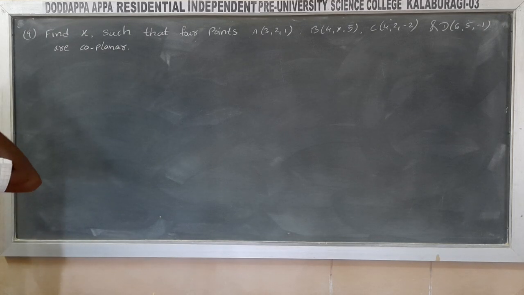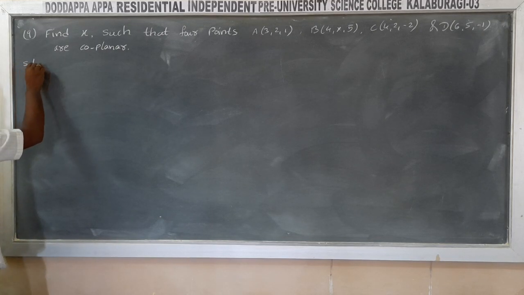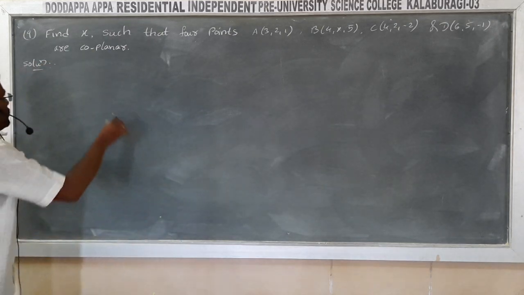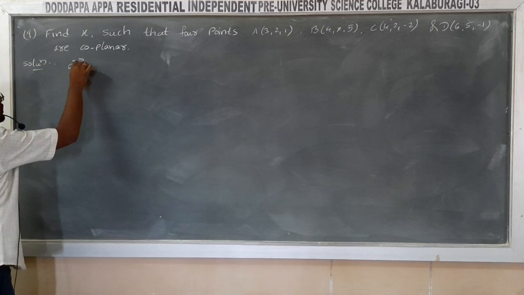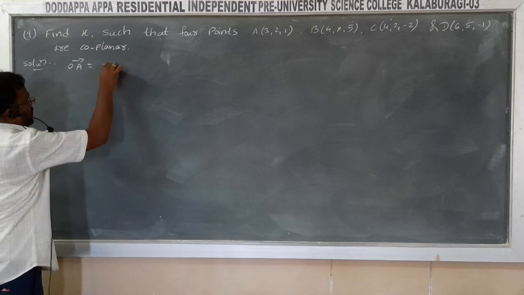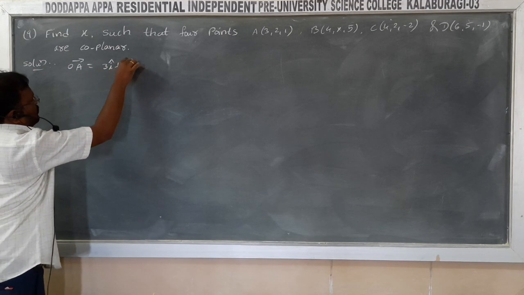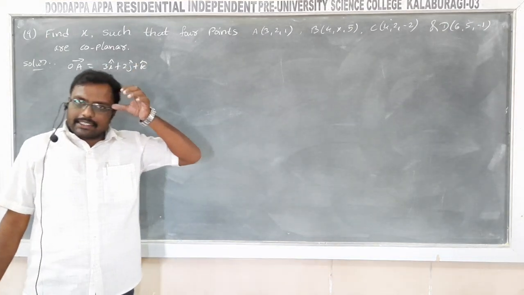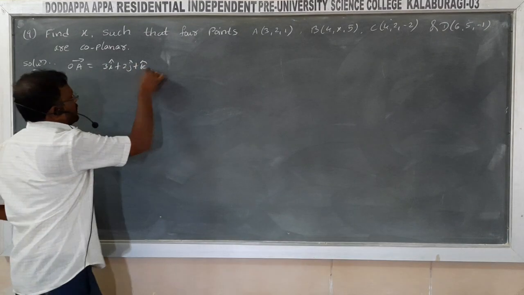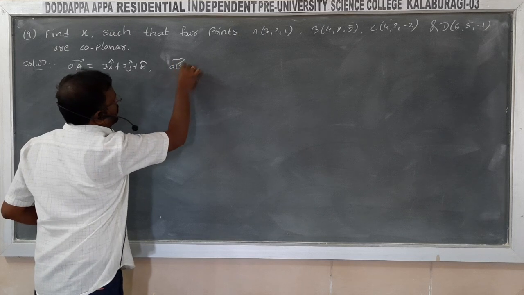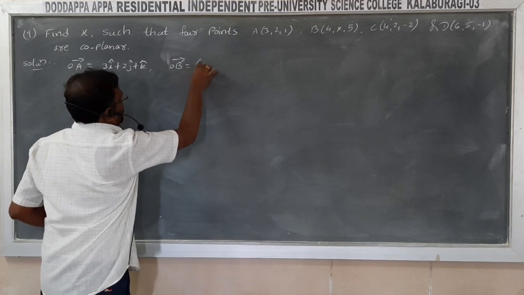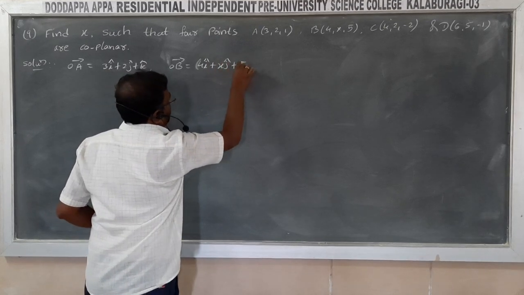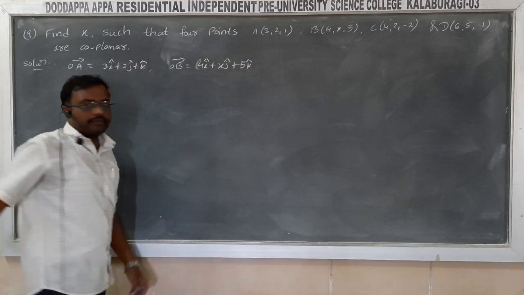So first of all, you have to consider the points as position vectors. The OA vector is equal to 3i plus 2j plus k. First point is considered as OA. Second one is the OB vector, that is 4i plus xj plus 5k.